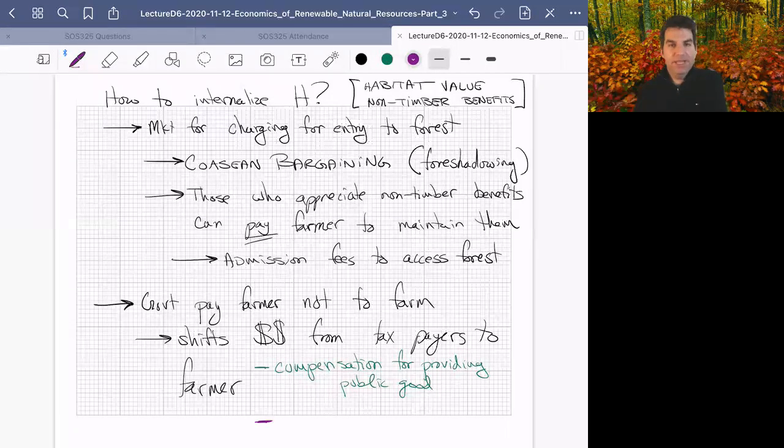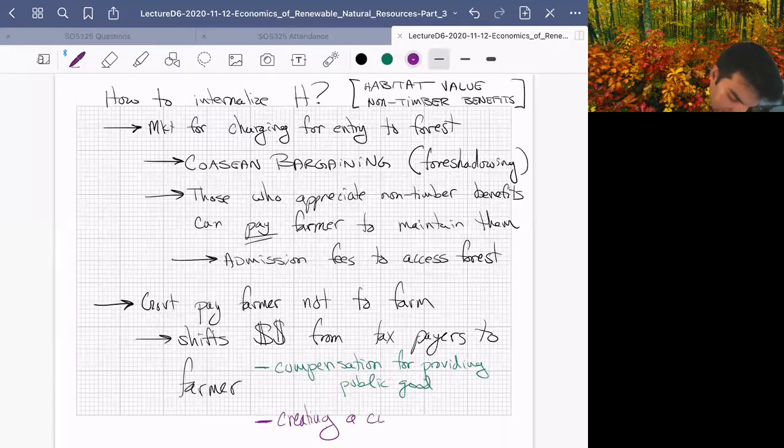You're forcing the public who's receiving the good through their taxes to pay for the good that they're receiving. So that is one way you're completing the market. The other way you can view this, and both of these can be happening simultaneously, is that you are creating a cost of harvesting early.